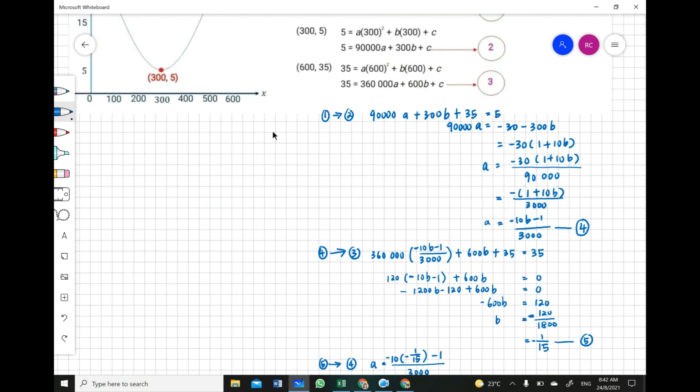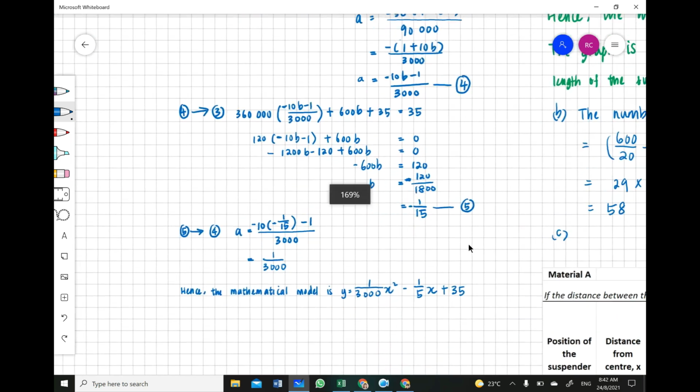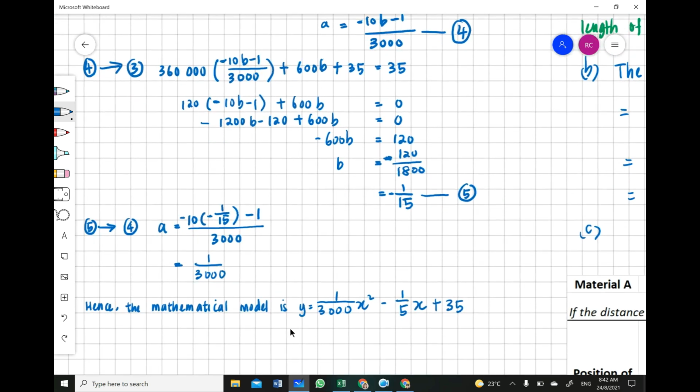So you can see actually not all the equations that we generate are fixed. It depends on how you solve it. So for this one, my mathematical model is y equal to 1 over 3,000 x squared minus 1 over 5x plus 35. You remember this one? As long as your flow of solving is correct, nothing wrong if you get a different mathematical model.